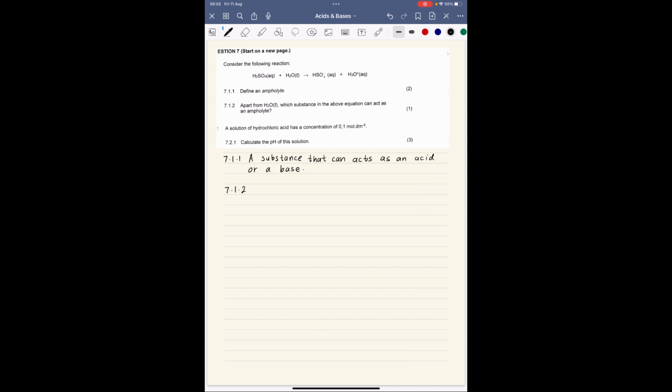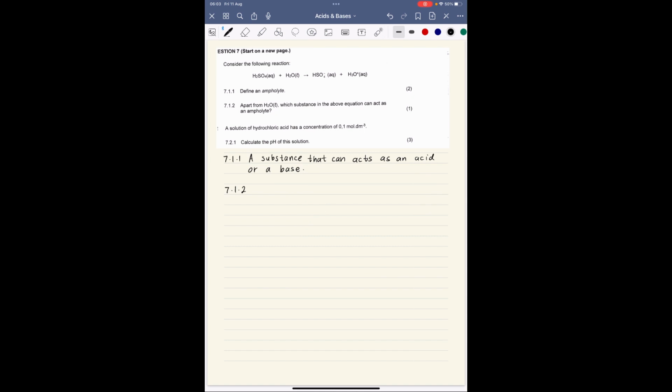When we say that it's a substance that can act as an acid or a base, what we really mean is that it's something that can give an H, and if we say it acts as a base, it can also receive an H. So we need to look for a species in our reaction, a substance in our reaction that can do both. It can receive an H and give an H.